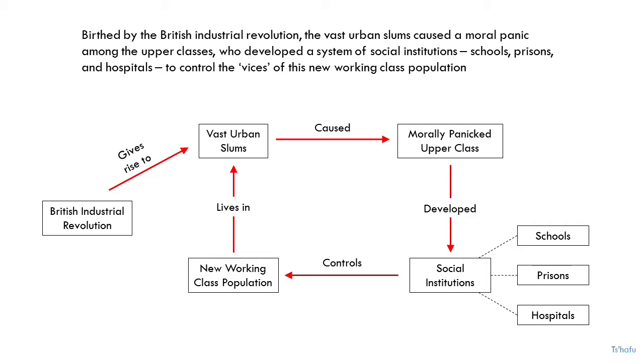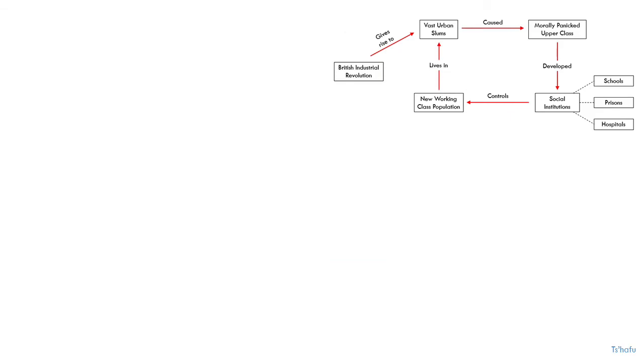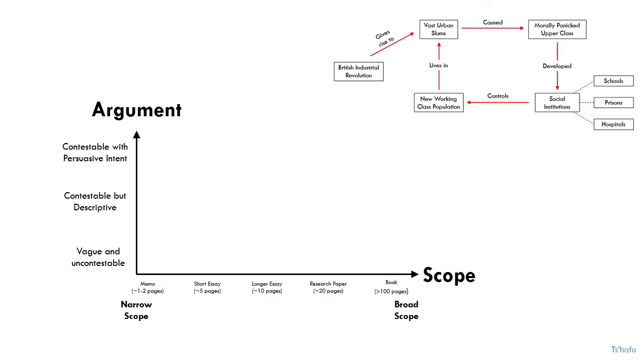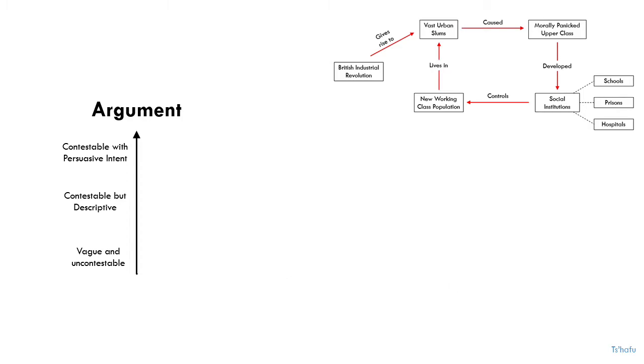What we're going to do now is make it smaller so we can map it onto our two-dimensional graph, the thesis evaluation graph. And we're going to begin by focusing on the argument dimension. And remember, our goal is to move all the way up to the third. So let's see how well this thesis scores on this.